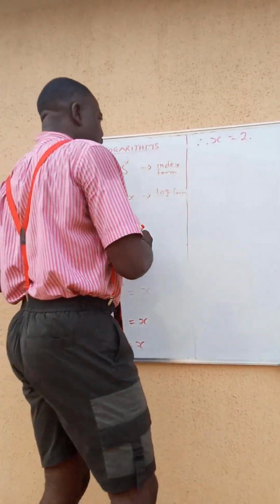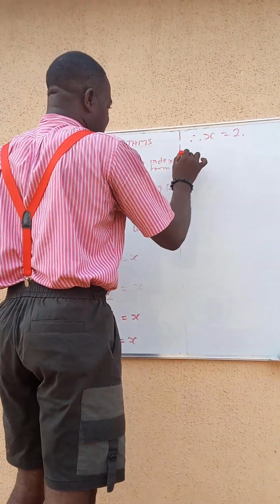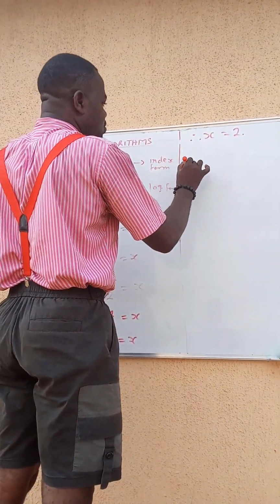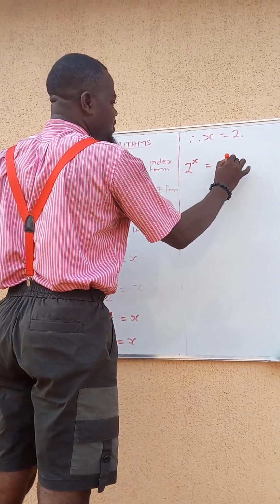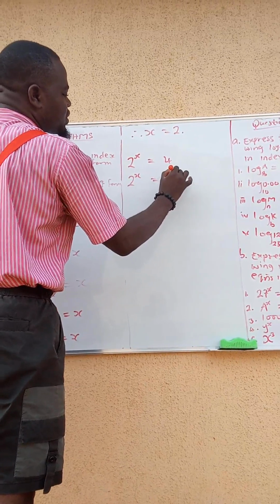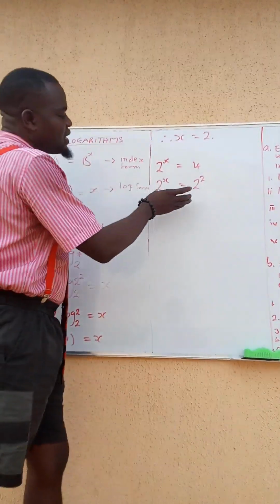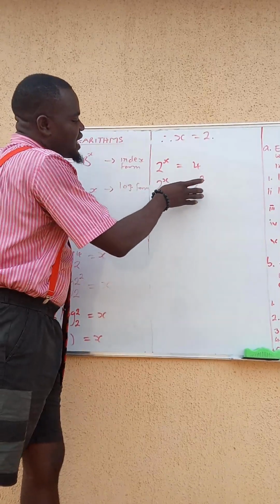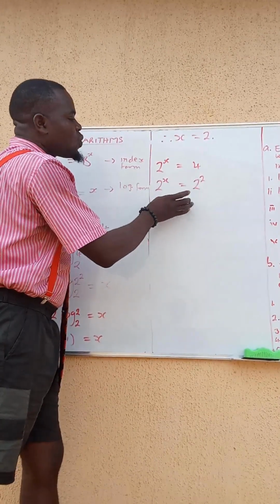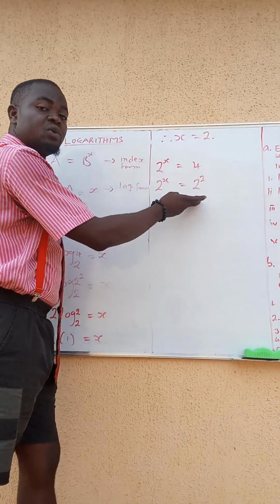Now, if I want to solve this, let's say I want to continue from this indicial equation. Given that 2 raised to the power of x is equal to 4, I'll say that 2 raised to the power of x is equal to 2 raised to the power of 2. In indices, we said that when they're having the same base, we can equate their powers, and when they're having the same power, we can equate the base.